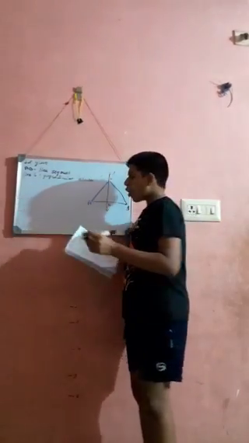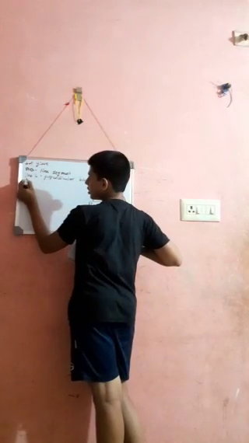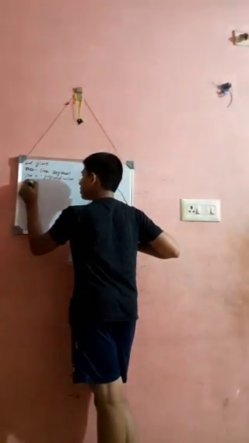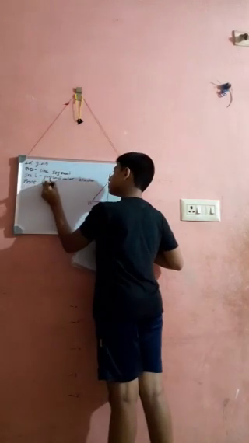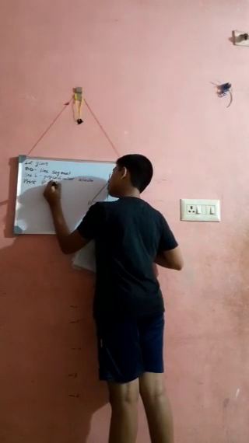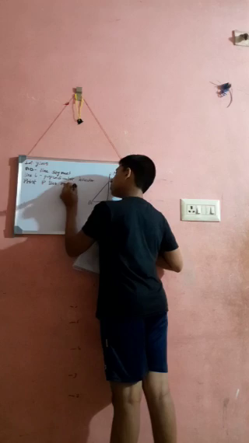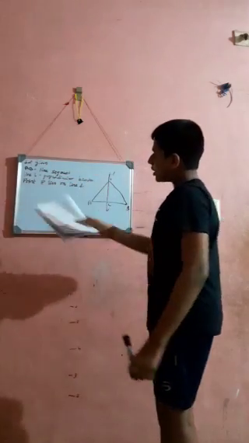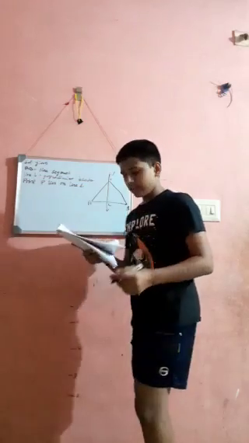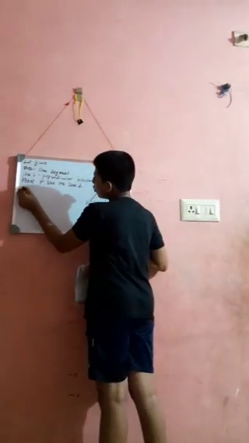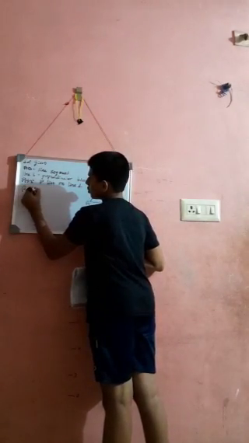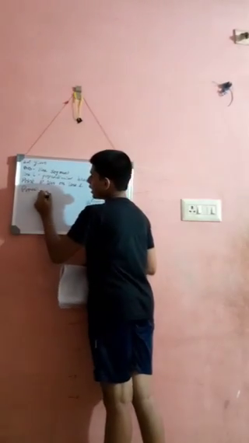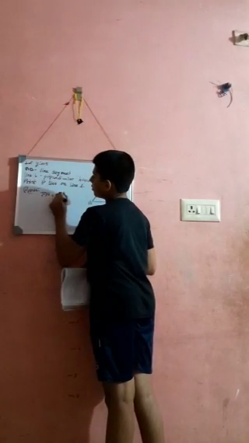Now, a point P is also given. Point P lies on line L. Now we need to prove PA is equal to PB.